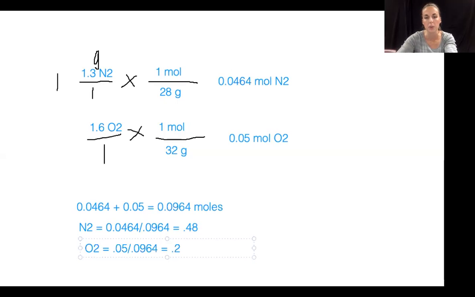Really, it's 0.52 if you round, which makes sense because if you add them up, this is going to equal 1. And then you would multiply by the total pressure to get the partial pressure of each gas, but the pressure is just 1 atmosphere, so you're just doing times 1. So what you're going to get for your final answer is 0.48 atmospheres for N2 and 0.52 atmospheres for O2.